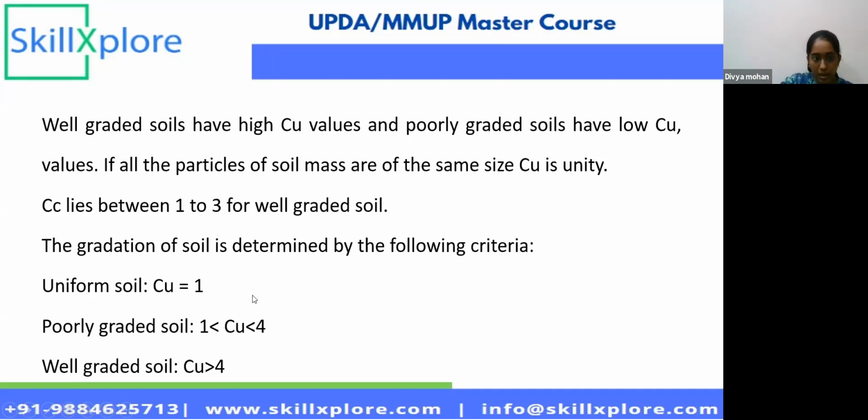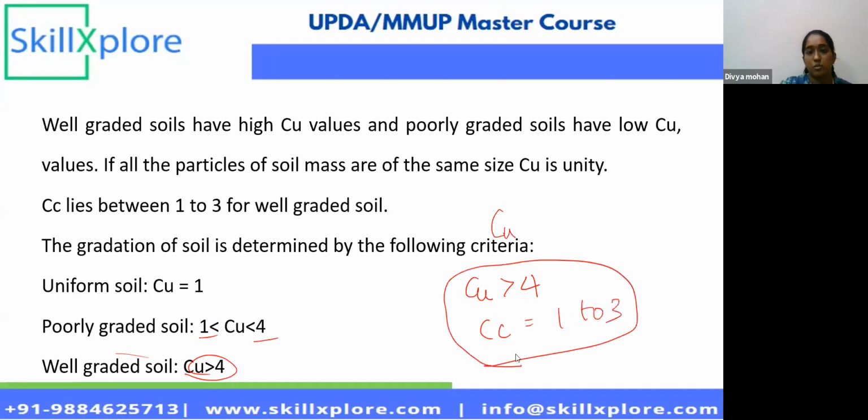When CU is equal to 1, it is uniformly graded soil, and when CU is 1 to 4, it is poorly graded soil. For well-graded soil, CU should be greater than 4, and CC should be between 1 to 3.